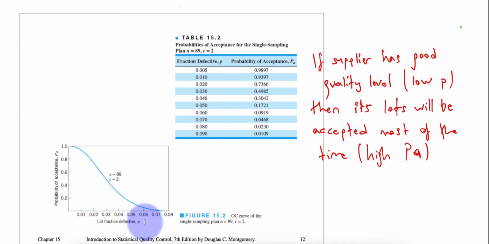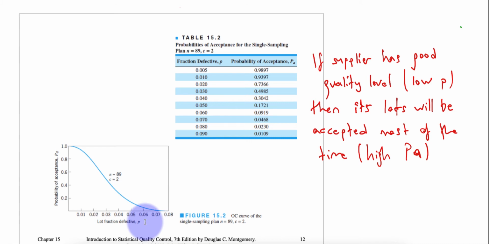Why? Because earlier we have said that we are making some mistakes. We have some risks when we make lot disposition in acceptance sampling. Why? We can accept the bad lots or we can reject the good lots, right? So there would be some probability we can accept the lot according to the fraction defective in the lot.